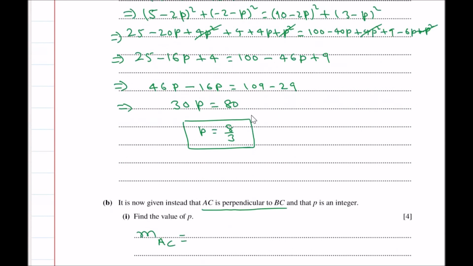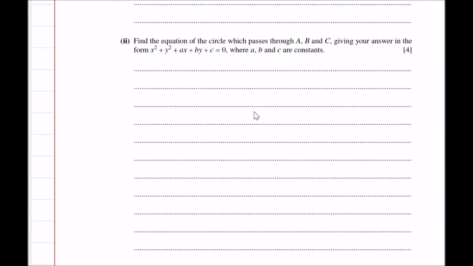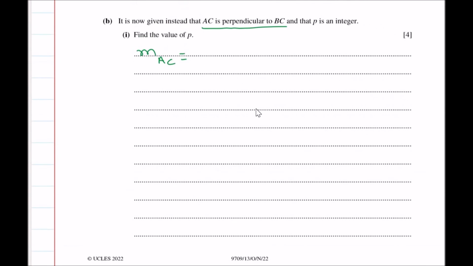If you are applying the formula, we get p minus (-2) divided by 2p minus 5, and simplify that, so we get (p plus 2) by (2p minus 5).